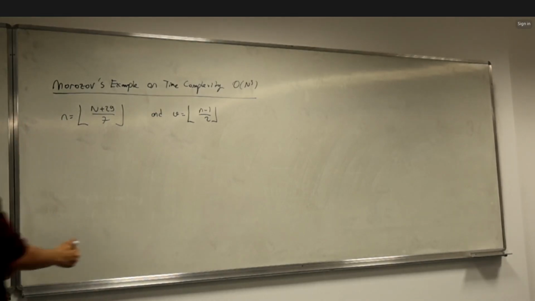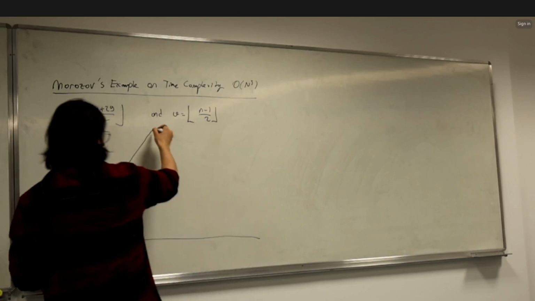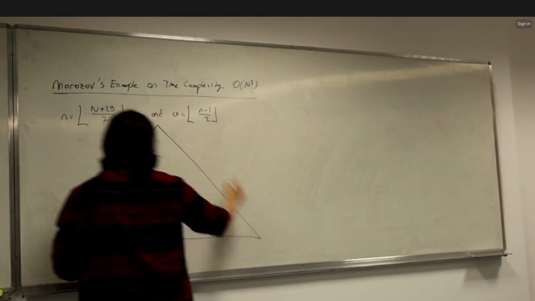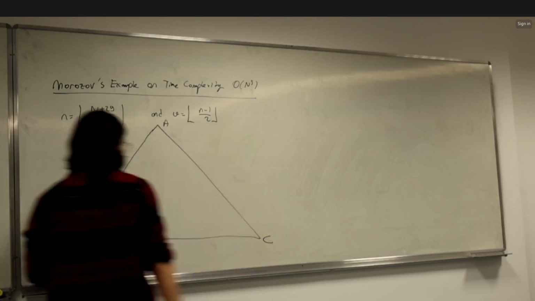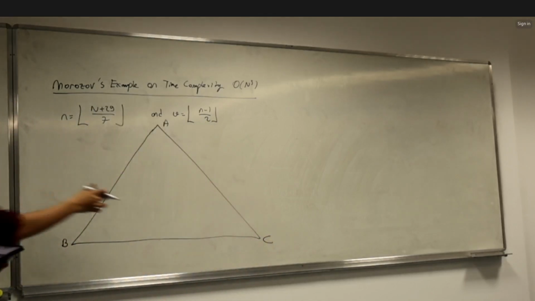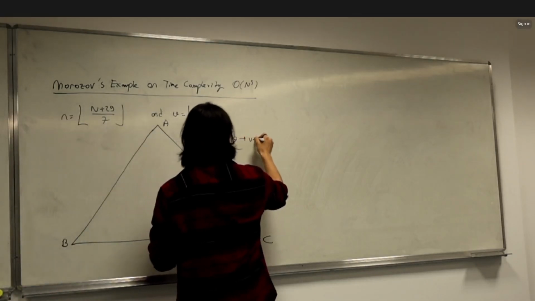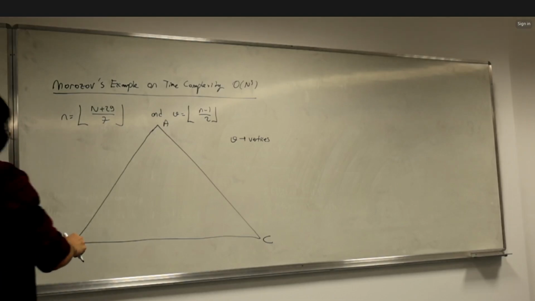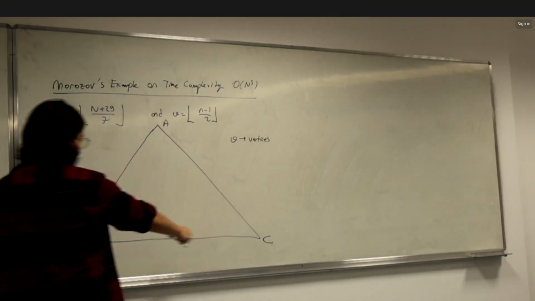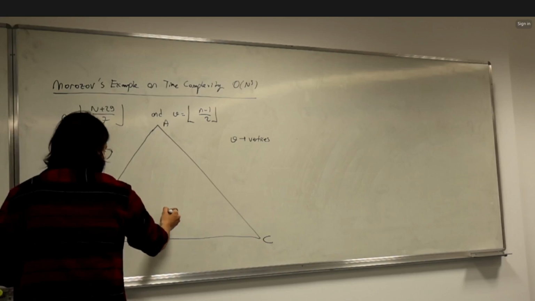So he starts with a big triangle ABC. And he starts adding some vertices inside of this triangle in this fashion. We add V many vertices. So he puts the first vertex near the middle of BC, so for instance, somewhere around here.